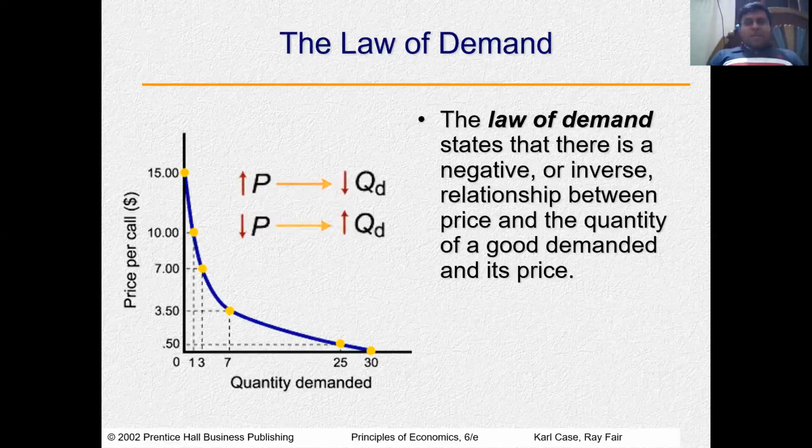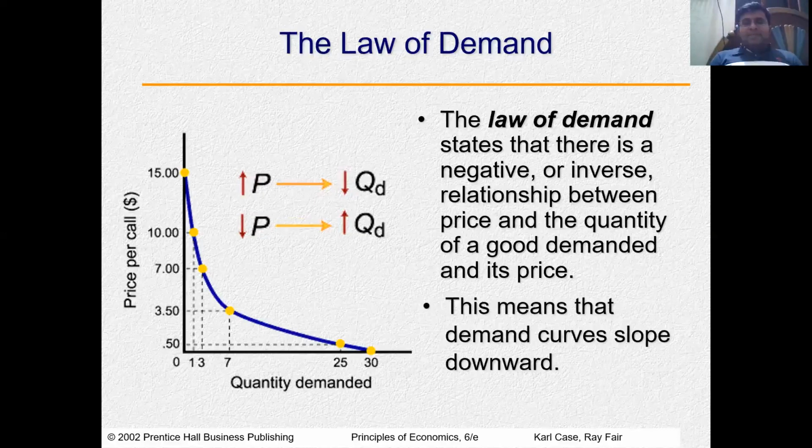By joining all these points, we get a curve which is downward sloping and convex to the origin. This curve is called the demand curve, showing the negative or inverse relationship between price and quantity demanded.